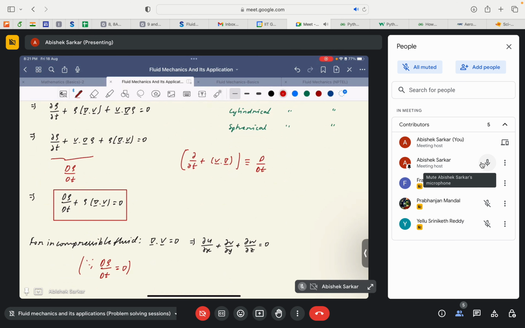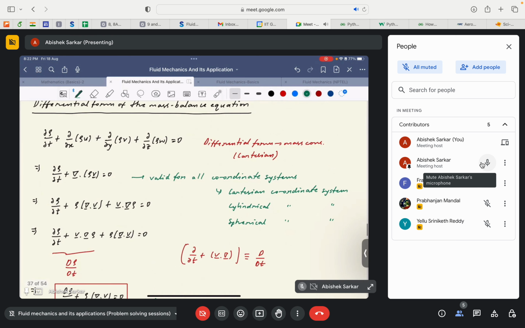Actually, this form has a special name. This is the non-conservation form of the mass conservation. Funny naming, but this is the standard name that is given to such governing equations. Non-conservation form, and the earlier one is essentially the conservation form.